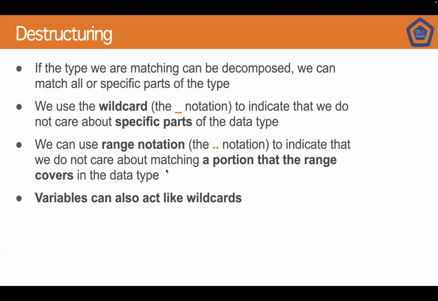We can also use variables like wildcards because they do cover the remaining patterns. However, when we use a variable instead of just an underscore, we're indicating that we still do care about the particular part of the data type, and we want to use it sometime in the future. So we're binding it to a variable.